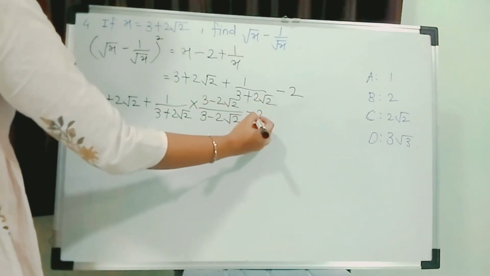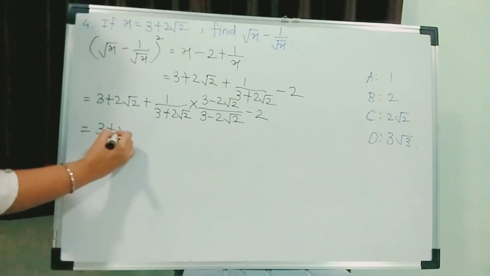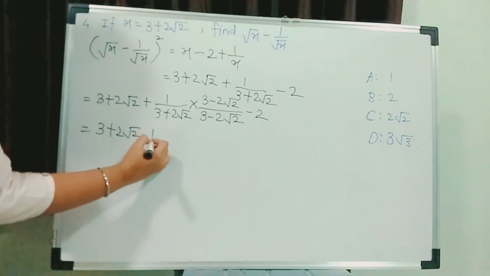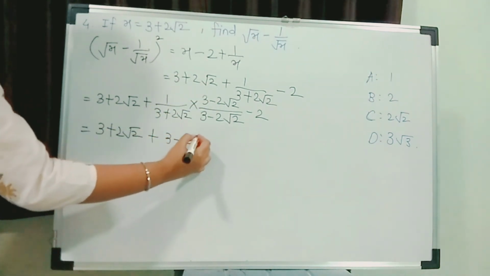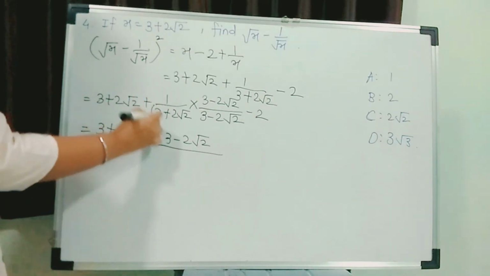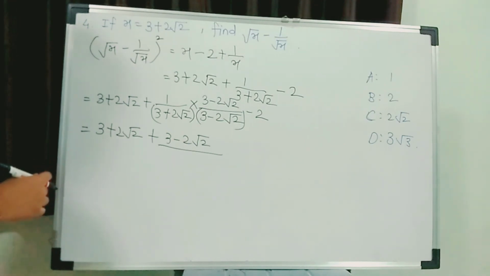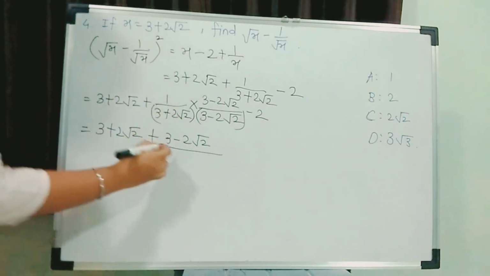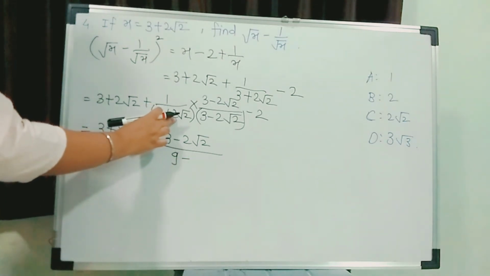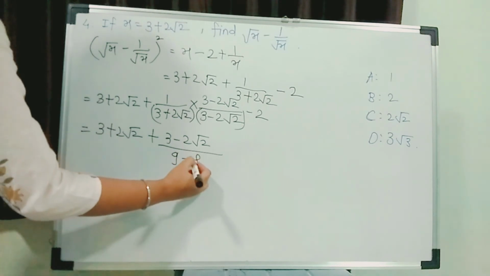This minus 2 sign. 3 plus 2 root 2. Here 1 into 3 minus 2 root 2. Here a plus b, a minus b, a square minus b square. 3 square 9 minus b square, 2 square 4, root 2 square 2, 4 into 2 8.